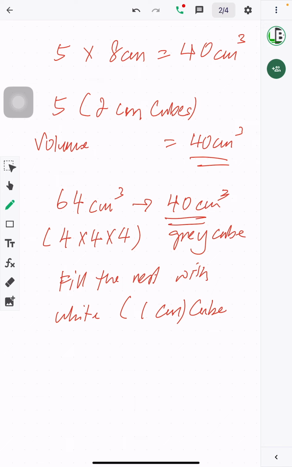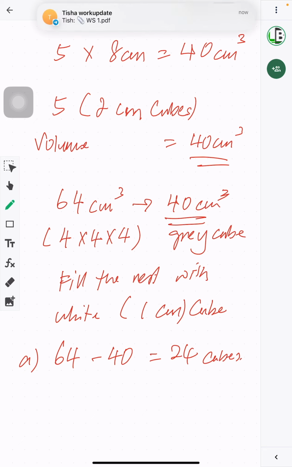Okay, so therefore I found out in my first question, part A, that I need 24 little white ones, or 24 1 cm cubes. I need 24 of them. Alright, so that's what I found out.